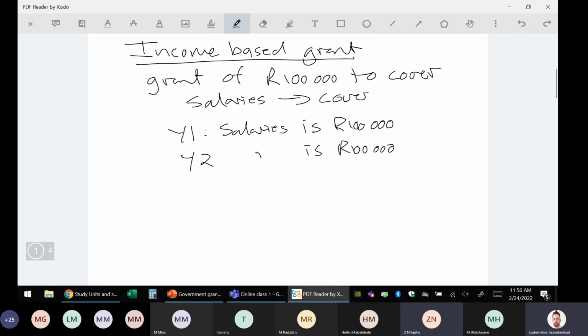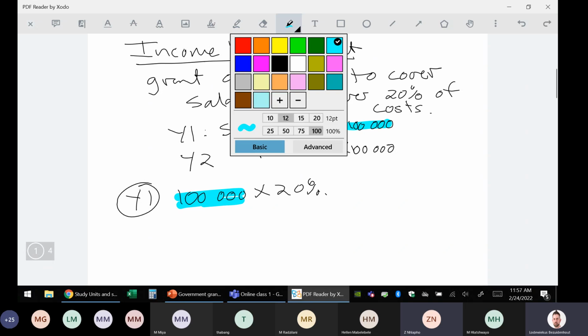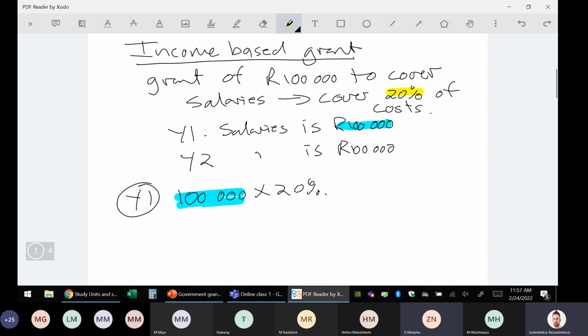It covers 20% of our costs. All right, so what does that mean? In year one, we will say 100,000 salary cost times the 20%. So let's just highlight this so that we know which one is which. Salary cost, and we have the 20% and the 20%.